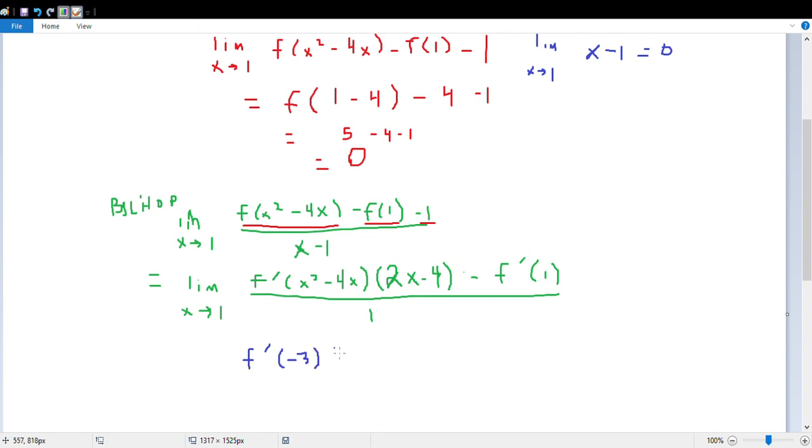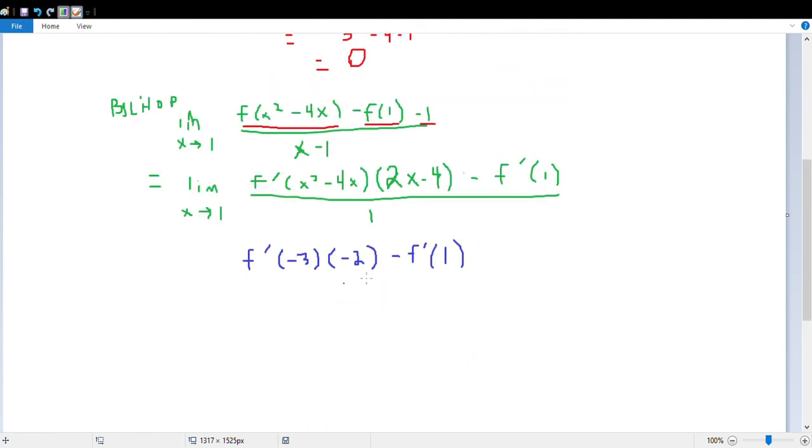And then we have 2 minus 4 is a negative 2. And then we have f prime of 1. I'm just going to leave it as f prime of 1 for just a second, so that I do all my plugging in at the same time. Now, I could have left this 2x minus 4 as just 2 times 1 minus 4, but it was pretty simple, so I went ahead and did it.